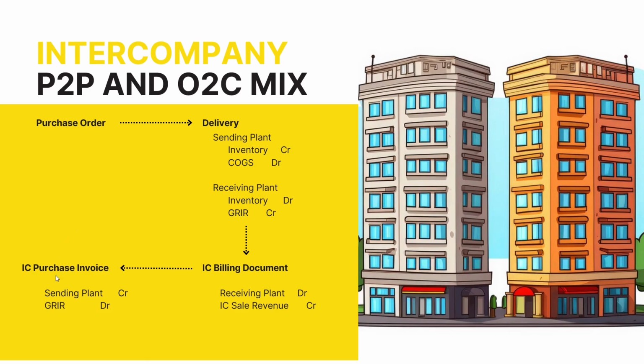So this vendor invoice is posted in the receiving company code, where we have the sending plant, which is company code A, credited and the GRIR account debited. So this is how intercompany transactions differ from a typical P2P cycle and an O2C cycle.